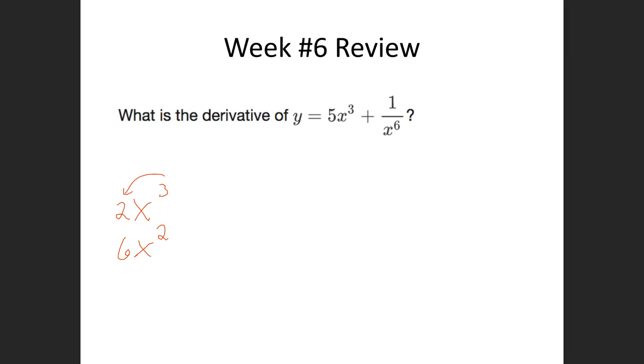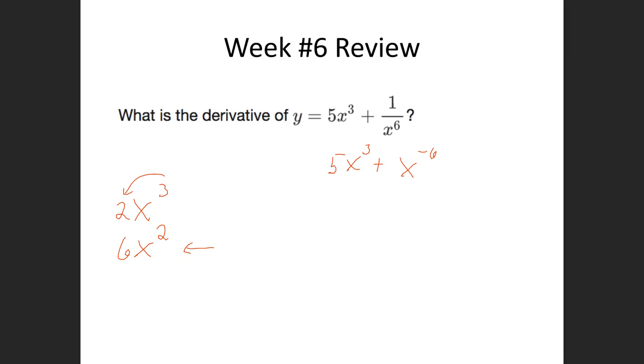And what does the derivative give us? It gives us a function that will give us the slope at any given point. So if I'm doing this problem, the first thing I always do is try to get everything out of the denominator, because you can't take a derivative. You can't bring the 6 down, and some kids try to do that. You can't do that. So I would rewrite this problem as 5x to the third plus x to the negative 6.